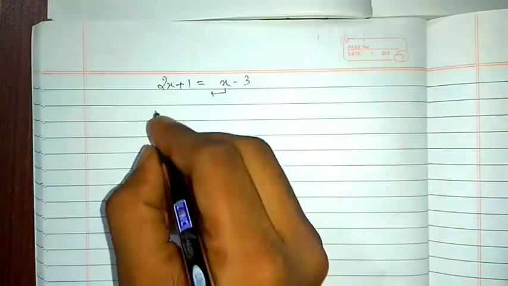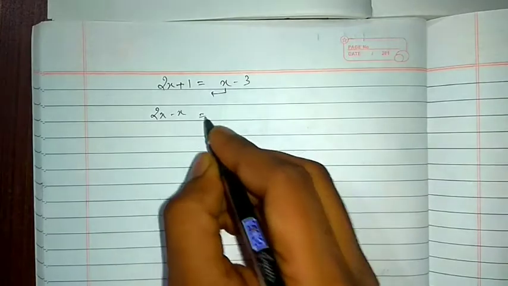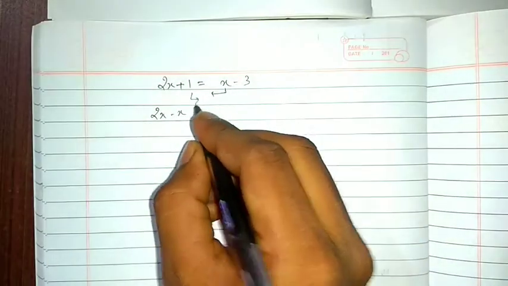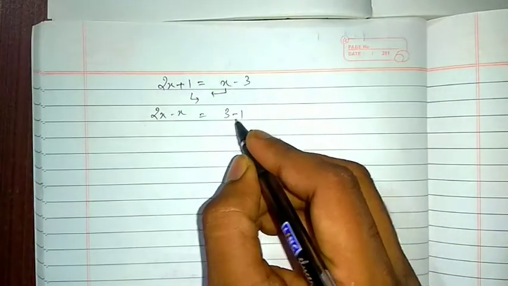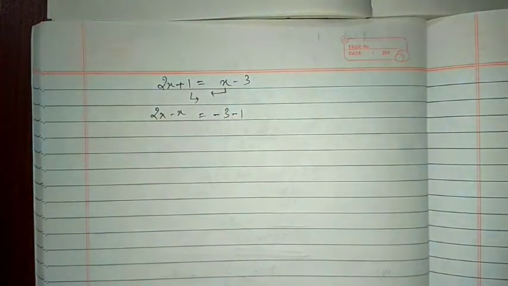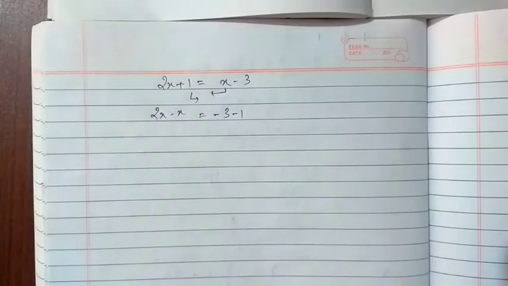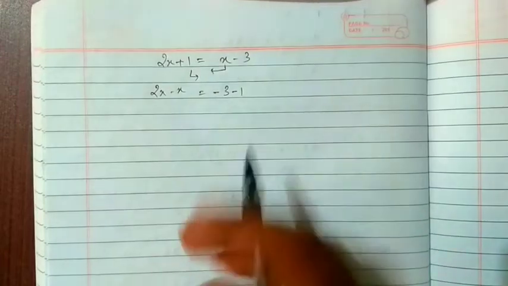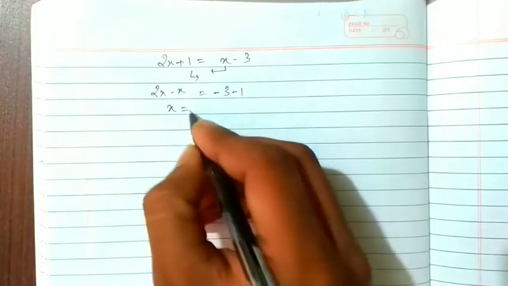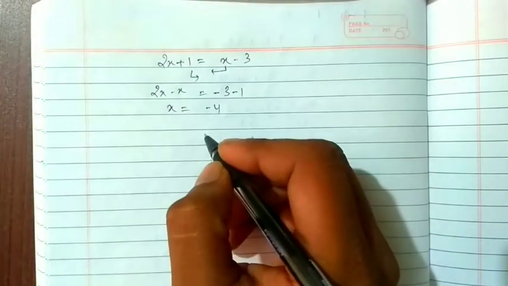When x is transferred to the left side, this will become 2x minus x, and 1 is transferred to the right hand side, then this will become minus 3 minus 1. Now if we solve this, you will get x is equal to minus 4.